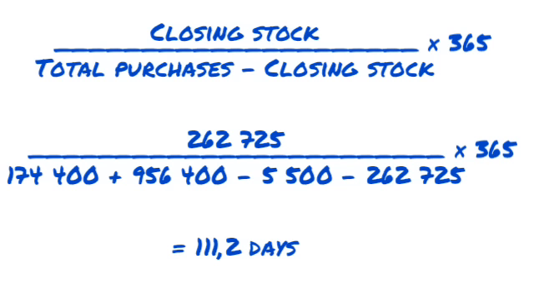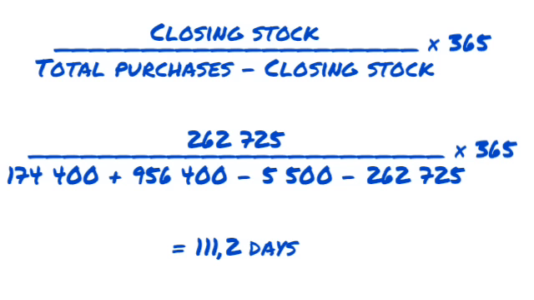And then under total purchases, we said our total purchases include opening stock of 174,400 plus purchases of 956,400 minus the returns of 5,500, and then we minus our closing stock that we just calculated again of 262,725, and then we multiply the whole thing by 365 days of the year, and that gives me 111.2 days to sell my stock.